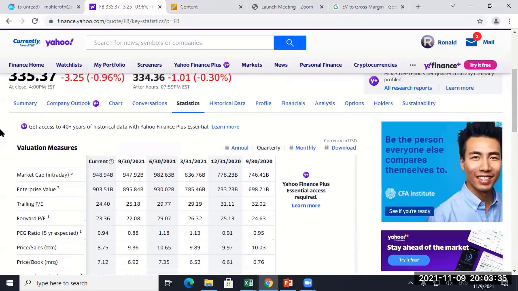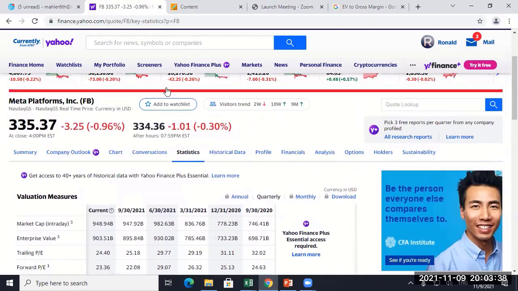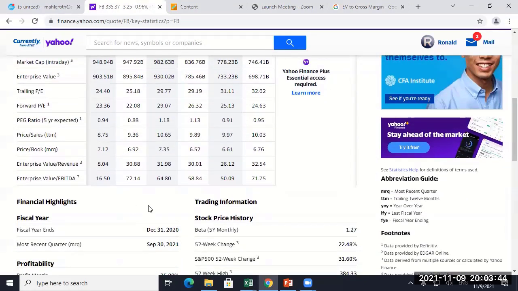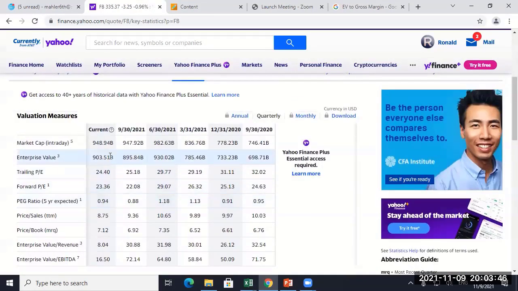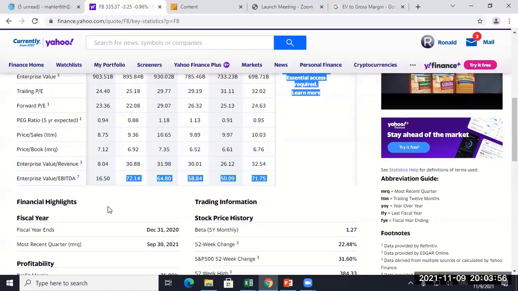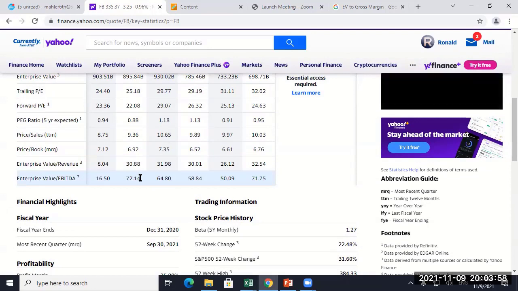Oh, I got the wrong company. Oh, it is. Oh, I was going to say the wrong company, but I don't know why this current is so low. That's really strange. So these are ridiculous EV to EBITDAs. These numbers don't make sense.